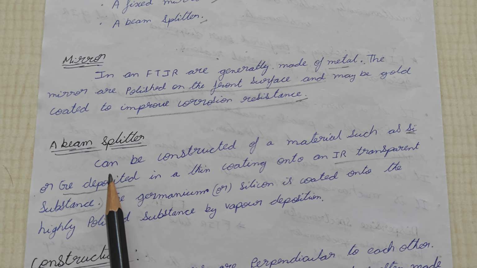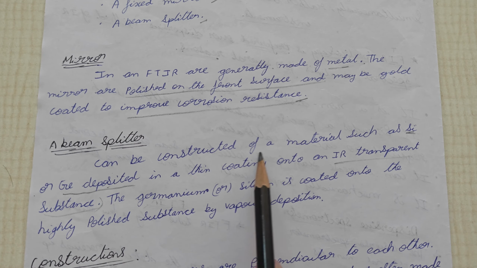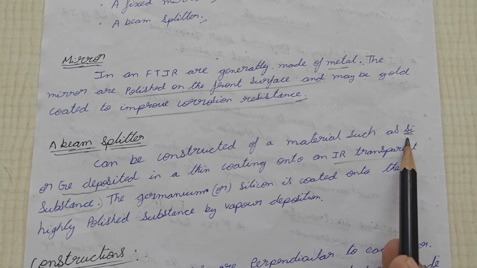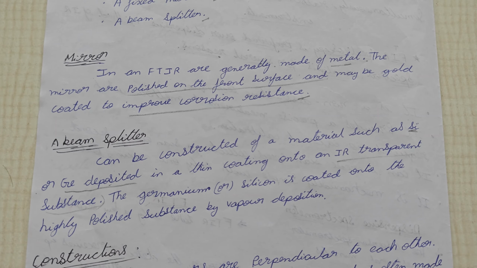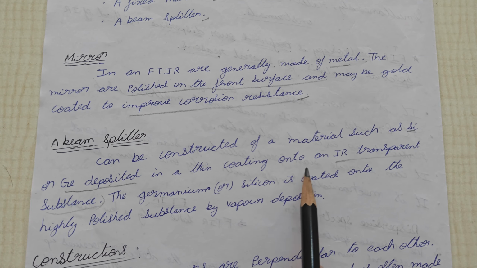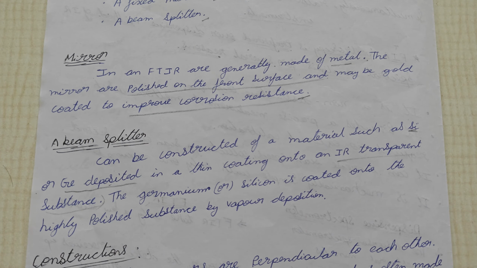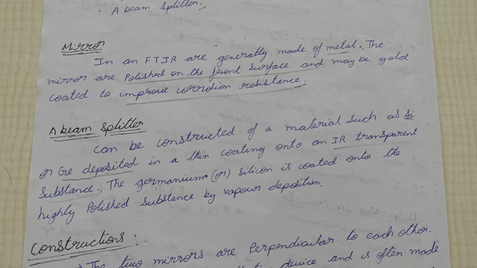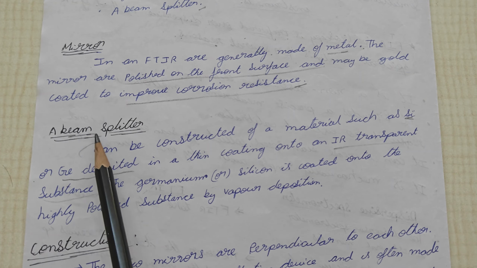It can be constructed of a material such as germanium or silicon, coated onto an IR transparent substrate. The germanium or silicon is coated onto the highly polished substrate by vapor deposition. This is how the beam splitter is made.